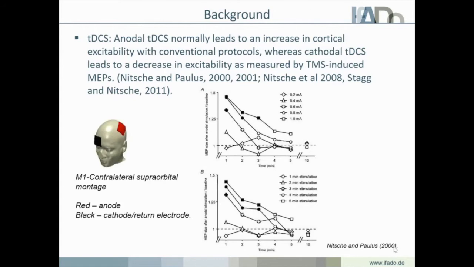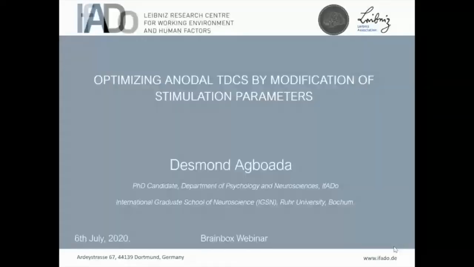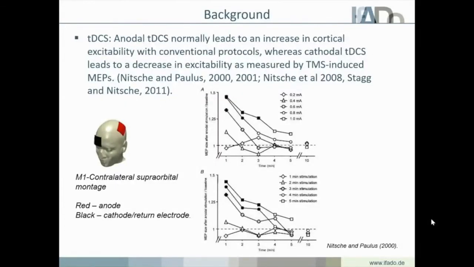So in one of the earliest titration studies, if you see the figure to the right, the lowest intensity of 0.2 milliampere induced the lowest effect, whereas the highest intensity of 1 milliampere induced the highest effect. Likewise, for the duration as well, there was some form of linearity between duration and induced effect of tDCS.